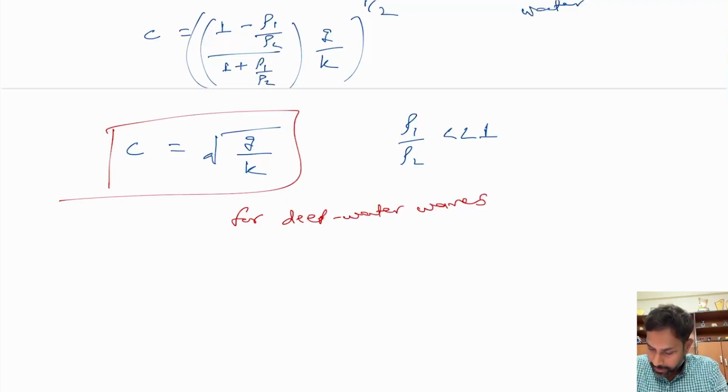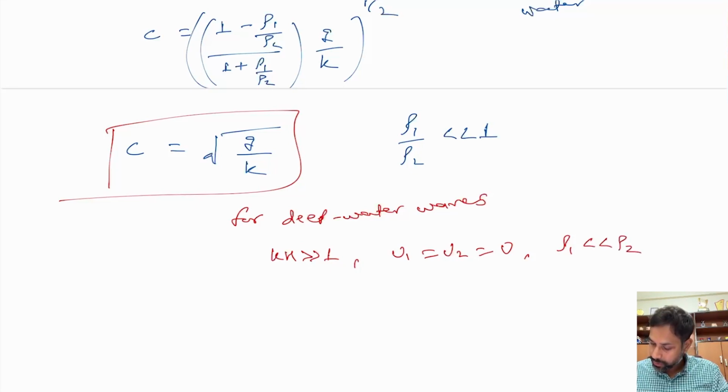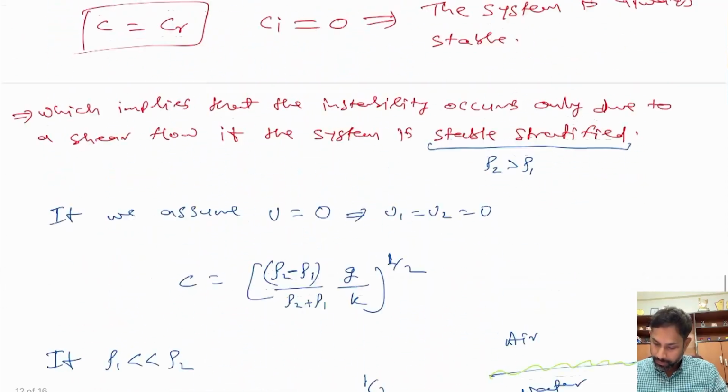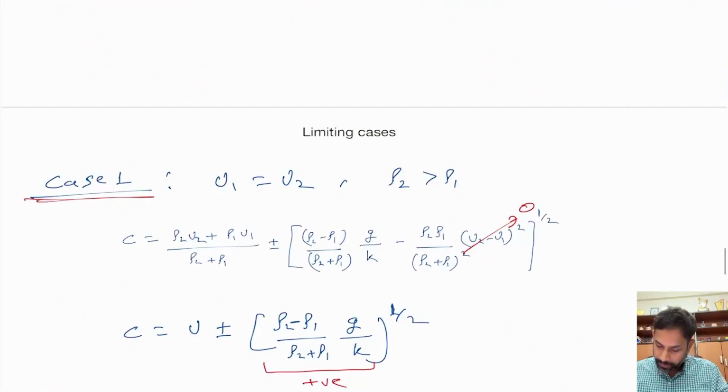And this is the exact relation we get, and this is applicable when your kh is much greater than 1, and also your u1 is equal to u2 is equal to 0, and rho 1 is much smaller than rho 2. So this is the case that we considered for the surface water waves or surface gravity waves, and we get the same equation from this limiting condition, case 1.